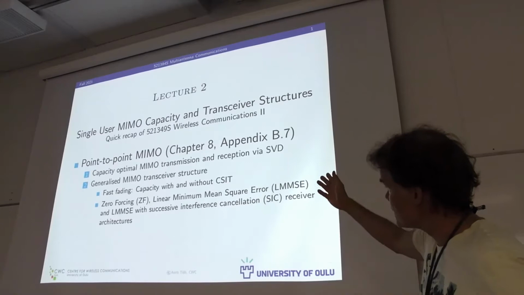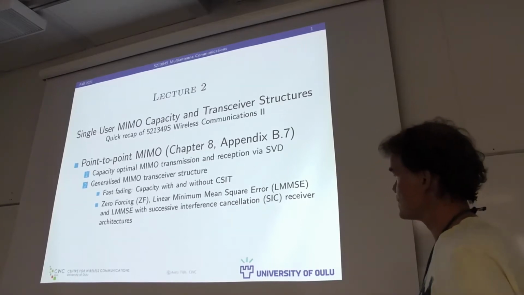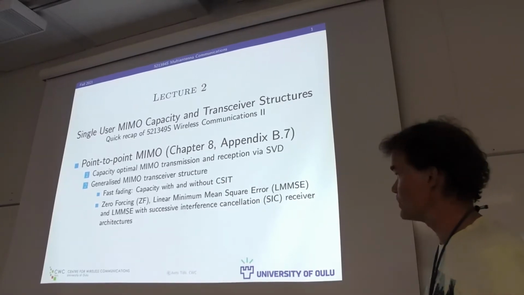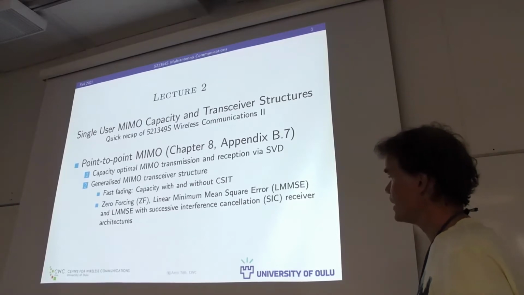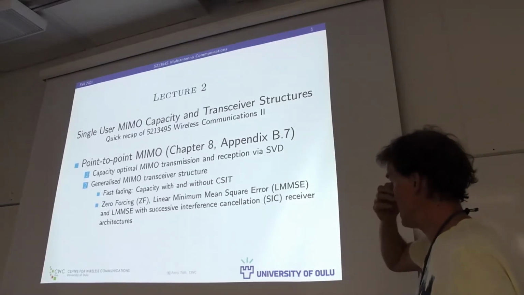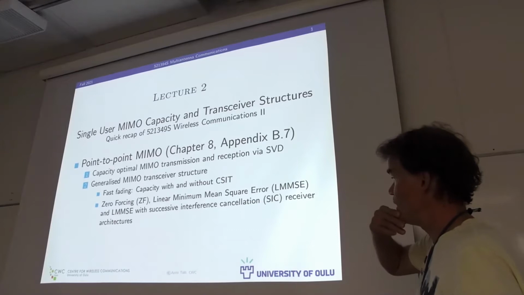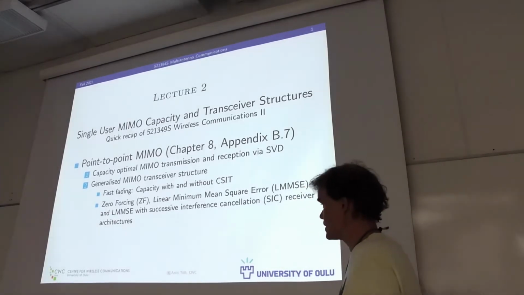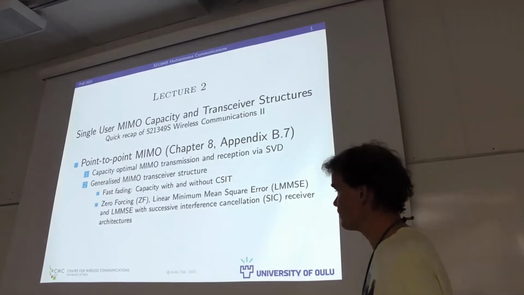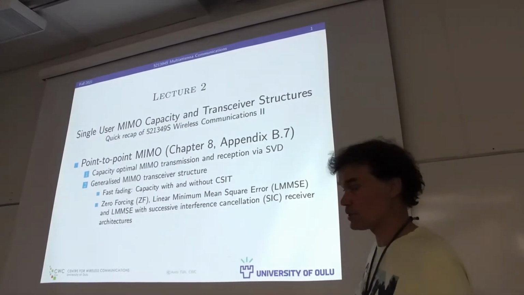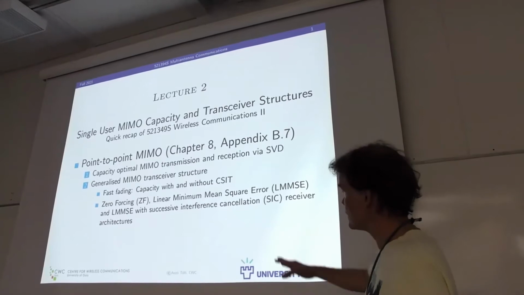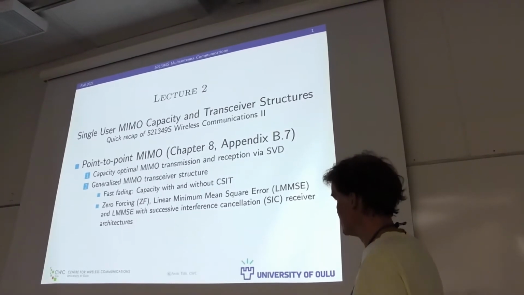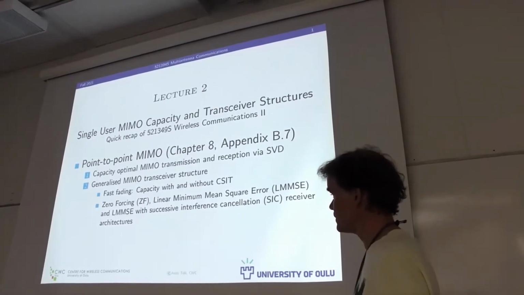So we will look at the SVD-based transmission scheme for the capacity optimal MIMO, and then we'll look at the generalized MIMO case and cover some special cases: zero forcing, and some linear receiver structures, so zero forcing, matched filter, and LMMSE, linear minimum mean square error receiver.